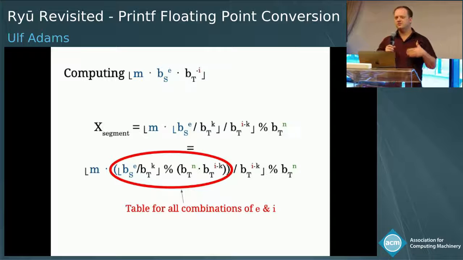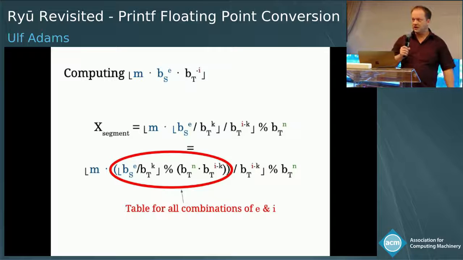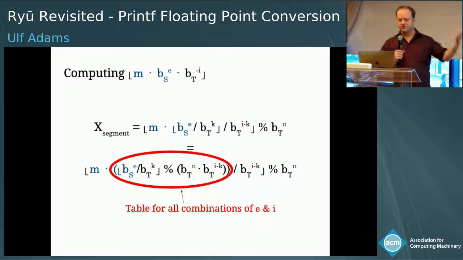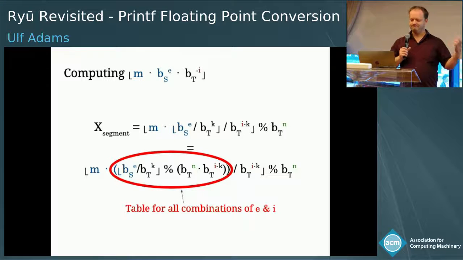And what we can do to make this fast is we can pre-compute these values for all combinations of e and I. Now, that's a table. It requires some space, a few kilobytes in our implementation. We know that there are ways to reduce the size because there is a lot of math here. There is a lot of redundancy in the factors that we compute.